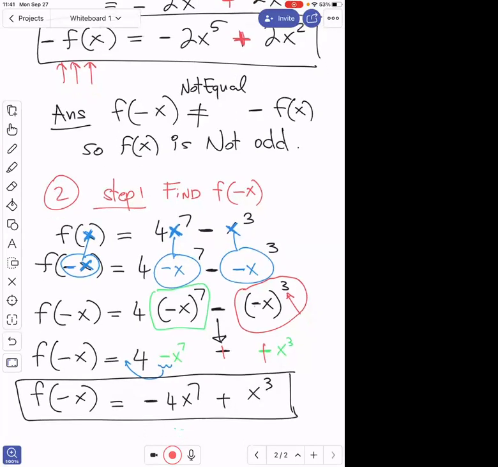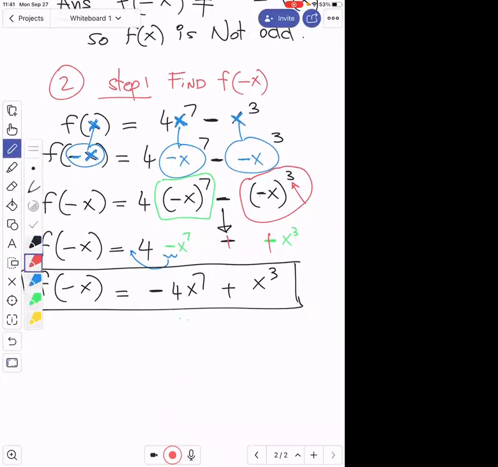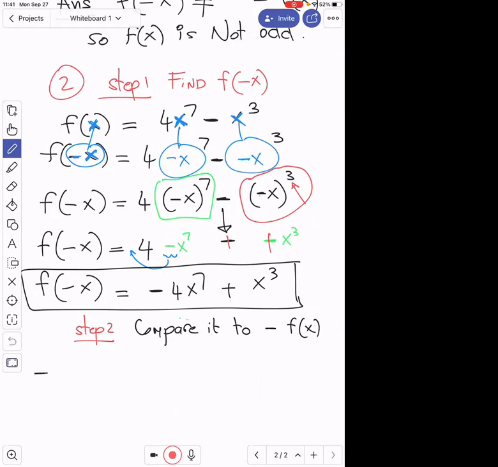All right, so then step 2, let's compare it to the minus f of x. So we need to compare this answer to minus f of x. As you can see, the minus is outside the function f. So I'm going to write this f of x with the blue color.